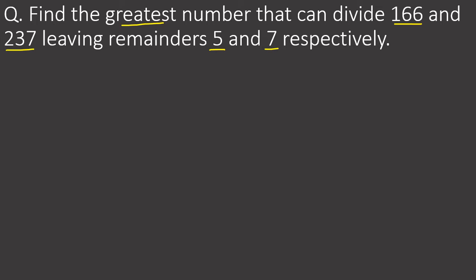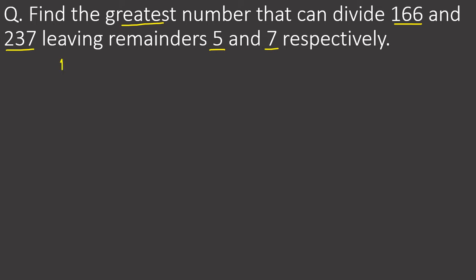Now to find the greatest divisor we can find out the HCF of these two numbers, but because of the remainders we cannot get the HCF because they are not exactly divisible by the highest common factor. So what we have to do is firstly subtract these remainders from the numbers.